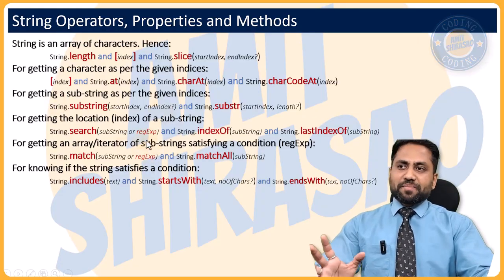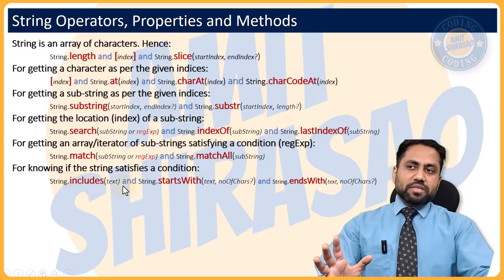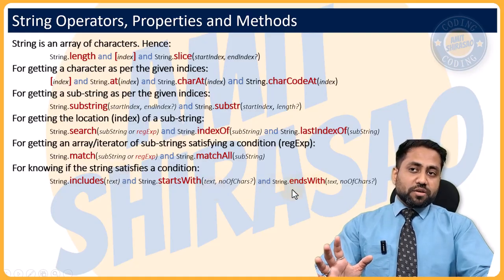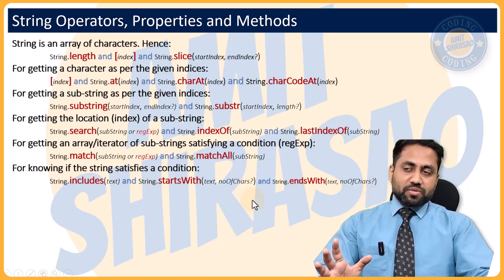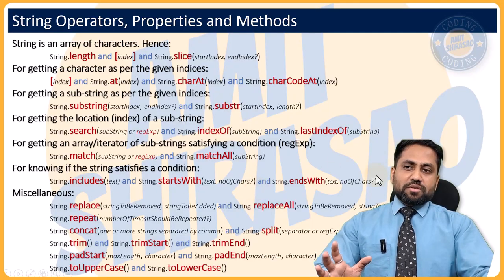We just want to check whether the string includes a certain substring, whether the string starts with a certain substring, and whether the string ends with certain text. All these three will give you true or false.